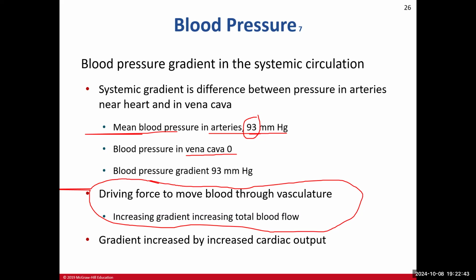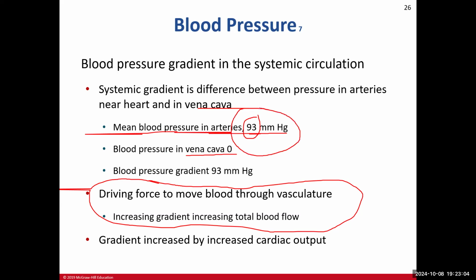If you increase one, you're going to usually increase the other. So if we increase our cardiac output, you're going to increase your total blood flow. When you start to exercise, your mean arterial pressure is going to increase. Look at the equation.